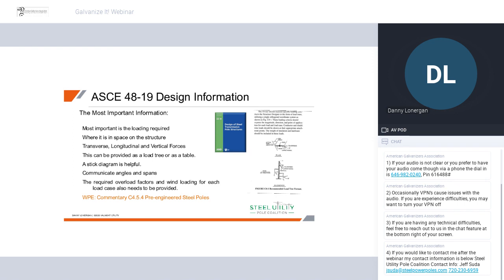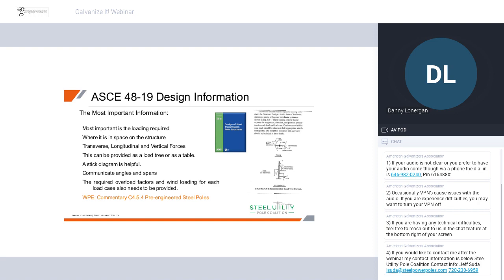So that ultimately leads into a few more slides, which are the definition of class poles, and more importantly, the use of class poles. So one key part of 4819, I'll probably say 4811 a few times, so I apologize if I do, but in the back of 4819 is a commentary very specifically written for pre-engineered steel poles, or what the industry often generically calls wood pole equivalents. It's a good body of work, and it's kind of a 5 whys, if you will.